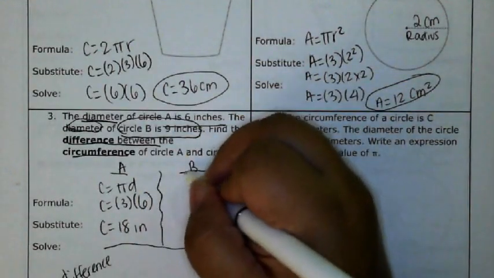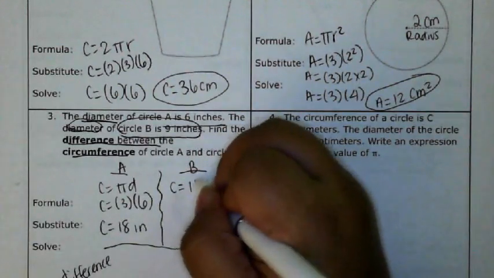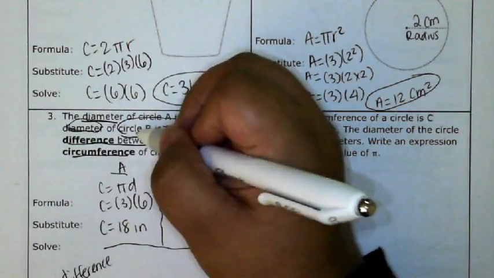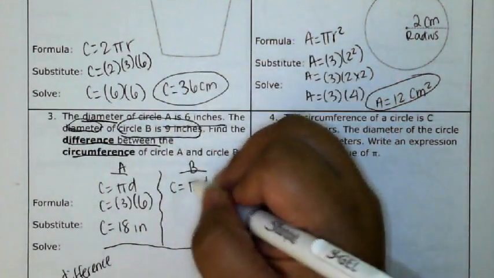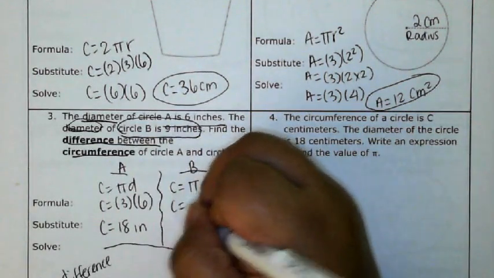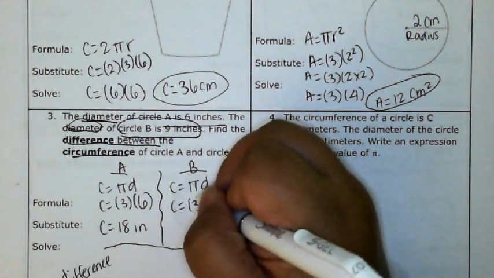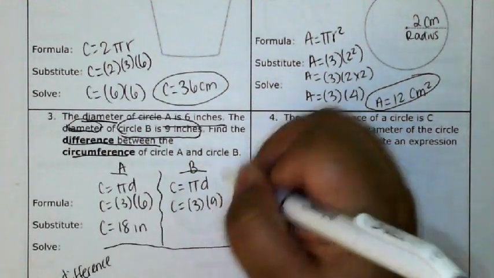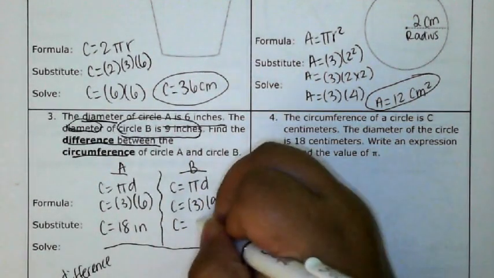Now looking at circle B, again, we're going to use pi times diameter because it is giving me the diameter of circle B, which is 9 inches. So that is going to be 3, which is pi, times 9, which is the diameter. 3 times 9 is going to be 27 inches.